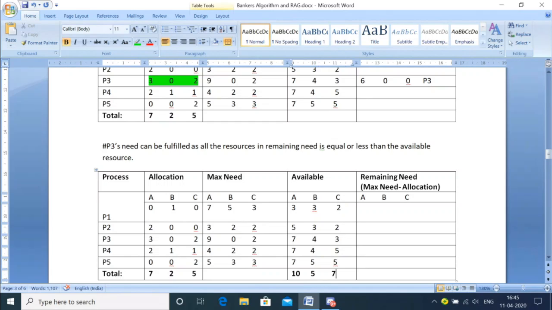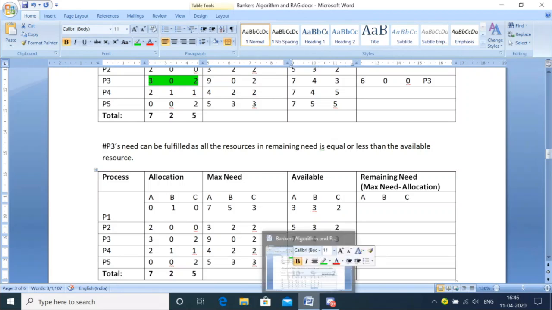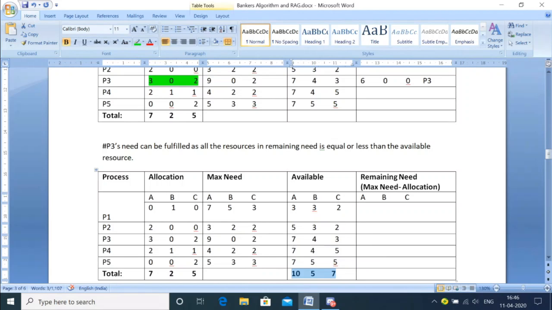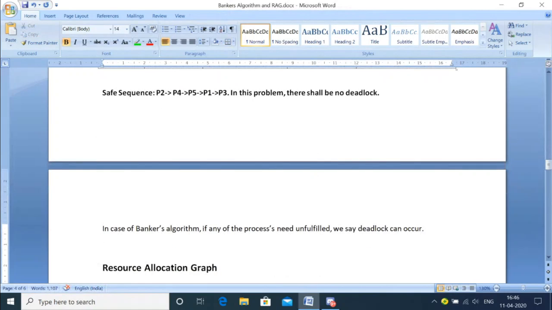Now, when we started, we said that A was 10, B was 5, and C was 7. So that means very efficiently we have utilized the given resources. One another point is that if one process had remained and would not have been able to fulfill with the availability of resources, then we say that a deadlock would have occurred.